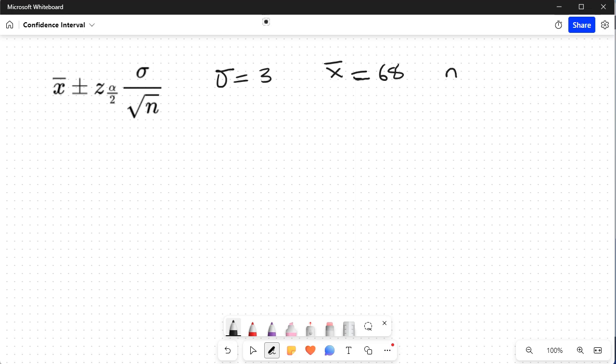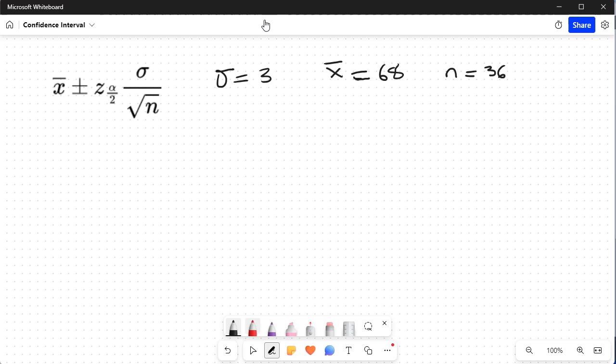Let's suppose that the sample mean was based on a sample size of 36. So to determine the value for the true mean, we can construct a confidence interval.